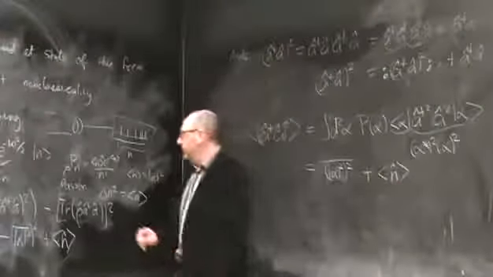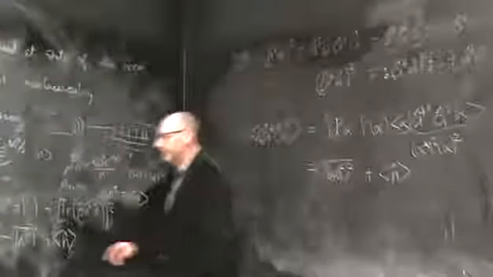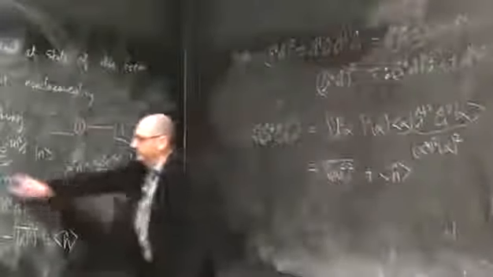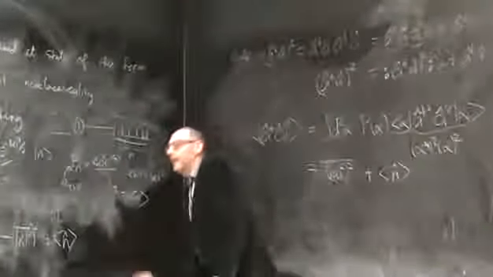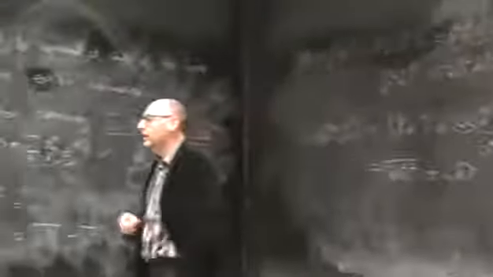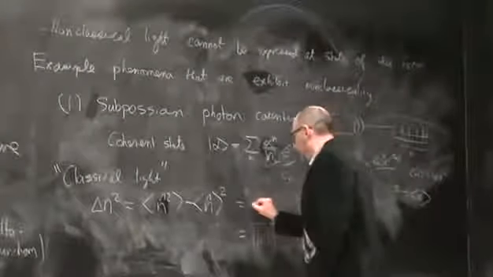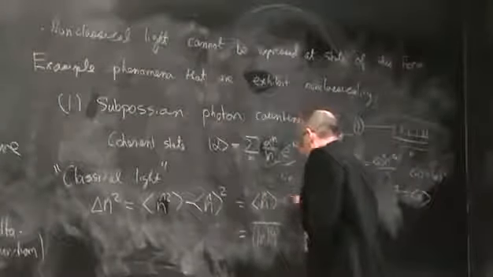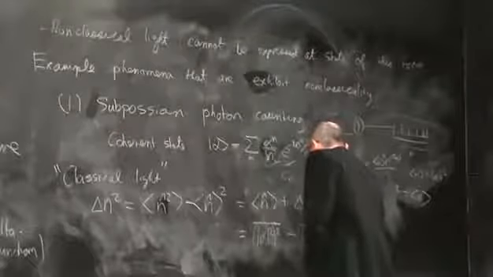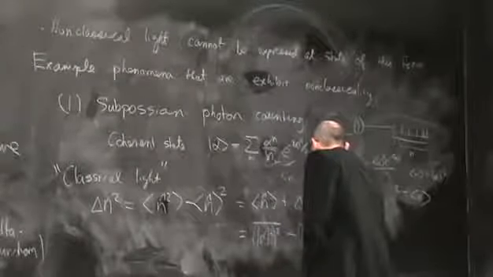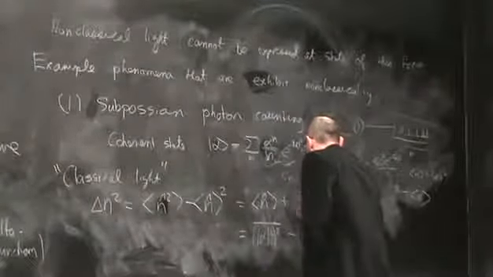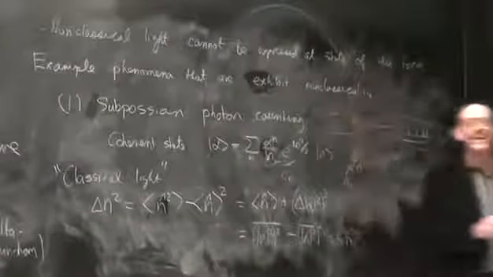And so what we see from all of this is that for general classical light, the fluctuation in photon number is equal to the mean n plus the classical noise on the amplitude, let's say the variance in the intensity.